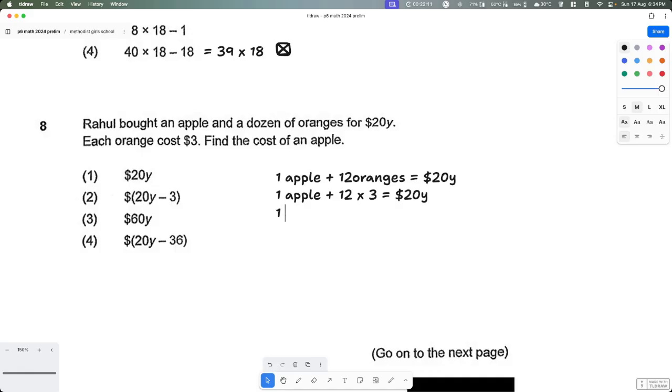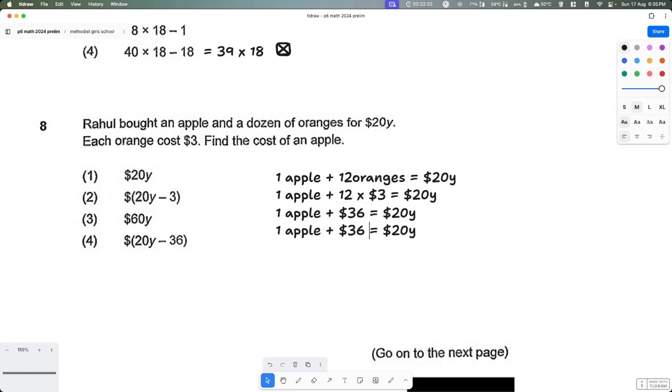$20. So one apple, in dollars, plus $36 equal to $20. Step by step.